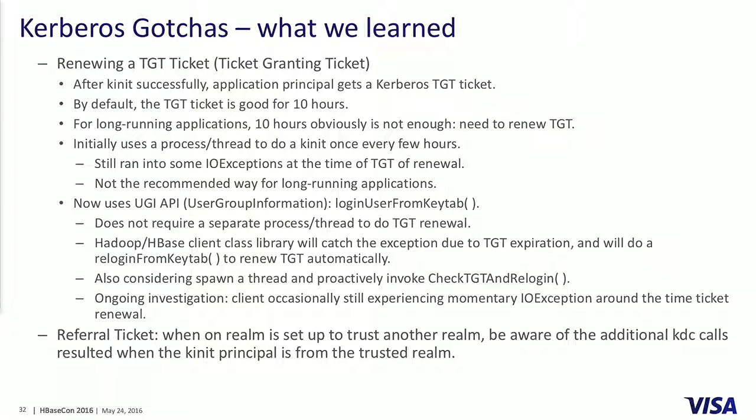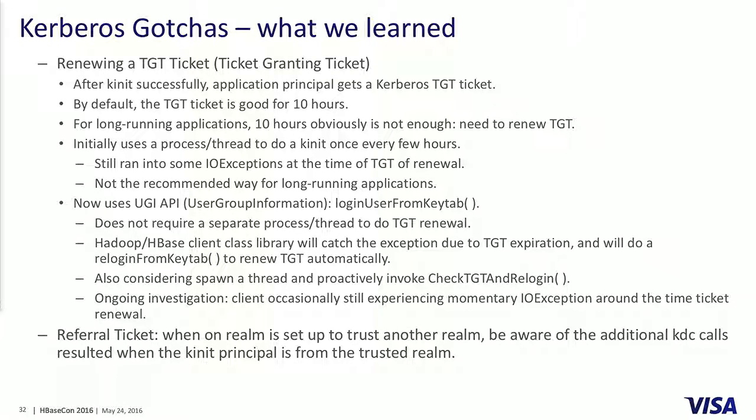So on recommendation, we use the UGI API, UserGroupInformation, to log in the user from keytab. This does not require a separate process to do the renewal, which is good. And both the Hadoop classes and also the servers are using that strategy. So they automatically catch the exception and launch the relogin from a keytab.